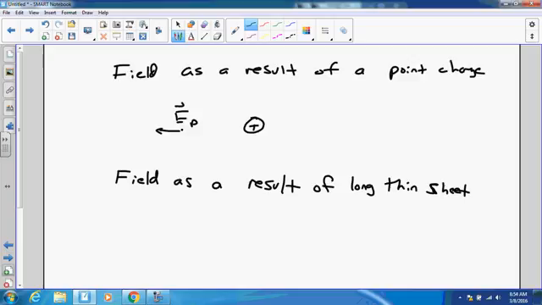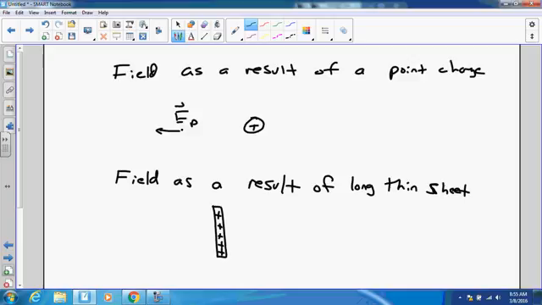One of them is going to have positive charge stored on it, and the other is going to have matching negative charge stored on it, and there it is. So what we'd like to do is to be able to calculate the field for it, and one of the reasons is that it's really simple to do. So our picture here is what happens if I have a long, thin sheet of charge like that. Okay.